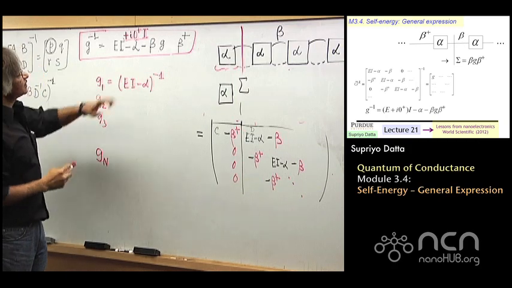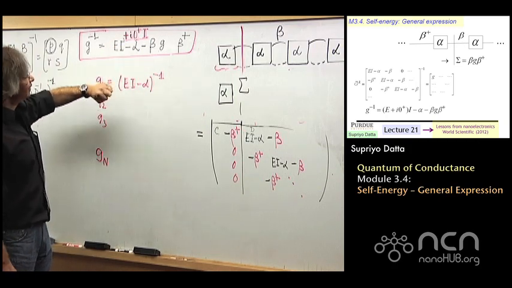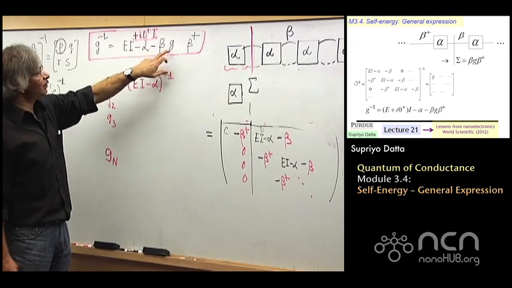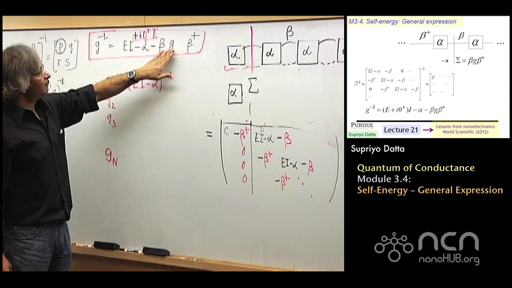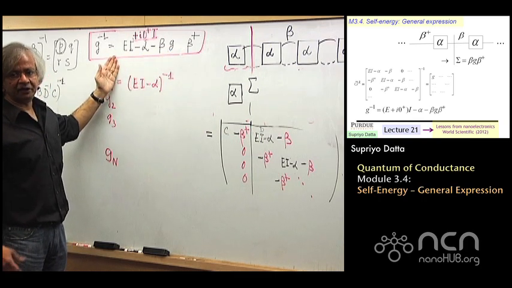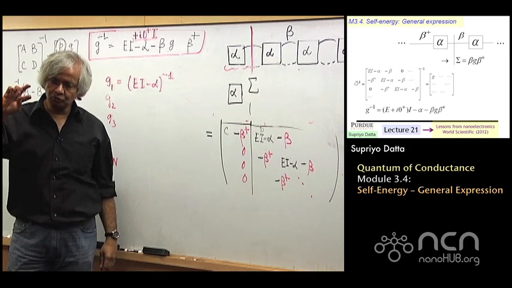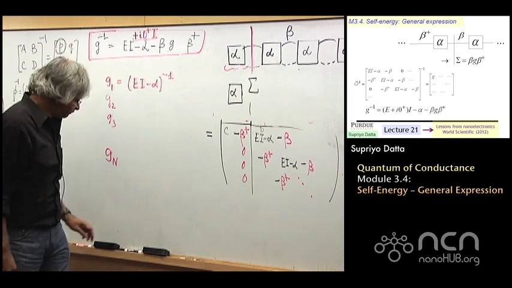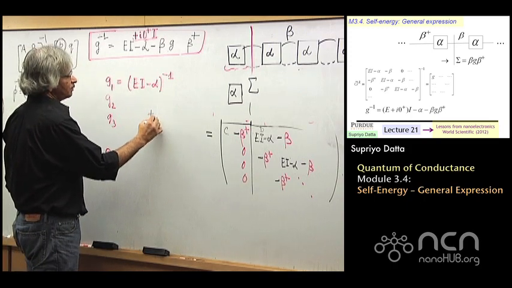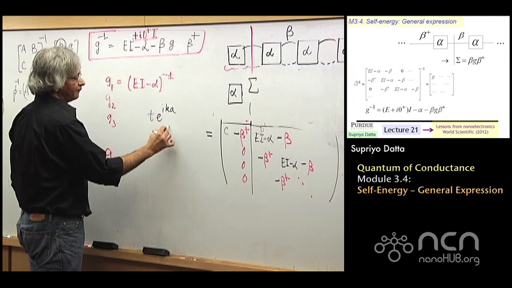So this is what is added there. Now what is the significance of that? Well, usually people justify it mathematically, in the sense that, you see, I mentioned earlier that if these were one by one things, like in a one-dimensional wire, this would be a quadratic equation, and you could solve it exactly. But as you know, quadratic equations have two roots. So it will give you two possible results. One would be e to the power ika, and the other would be e to the power minus ika.